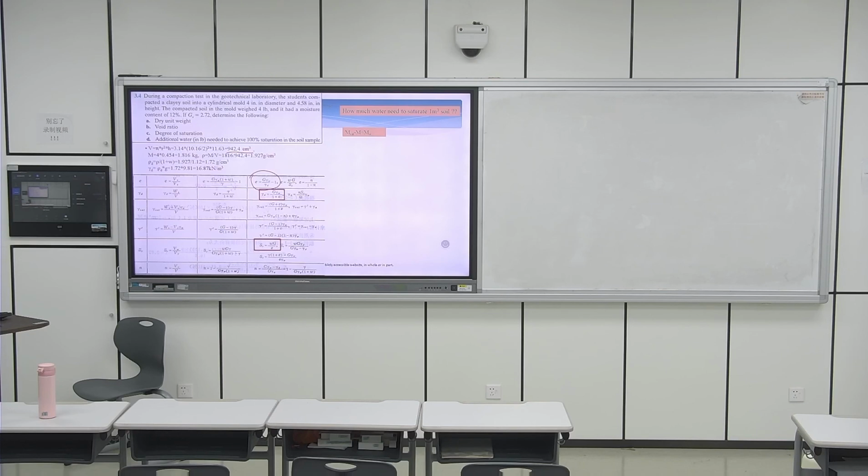That is how much water you need to add to the moist soil to get it saturated. Now the volume is 1, right? So actually this equation equals this.